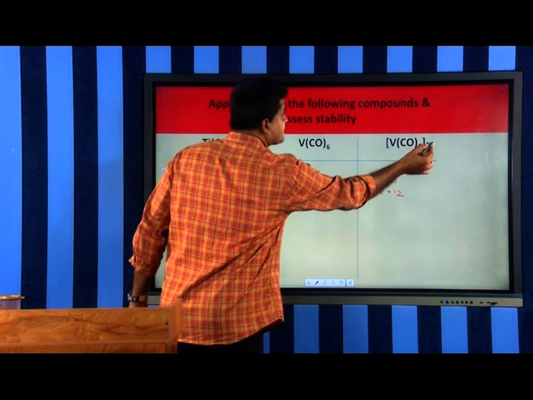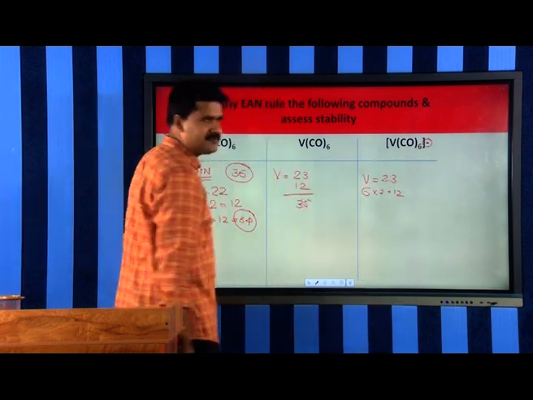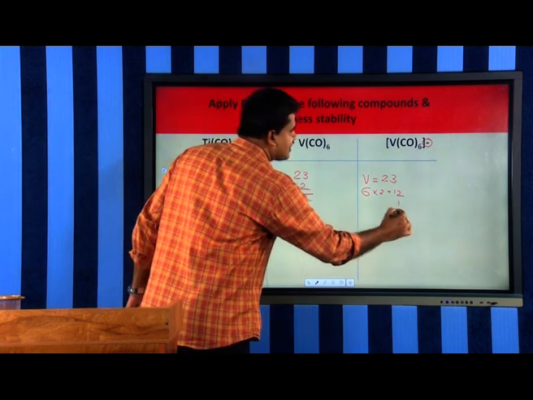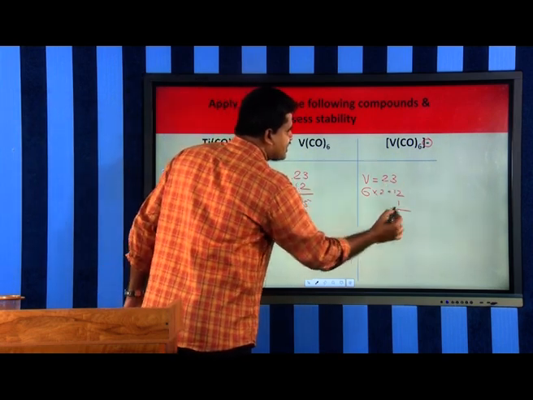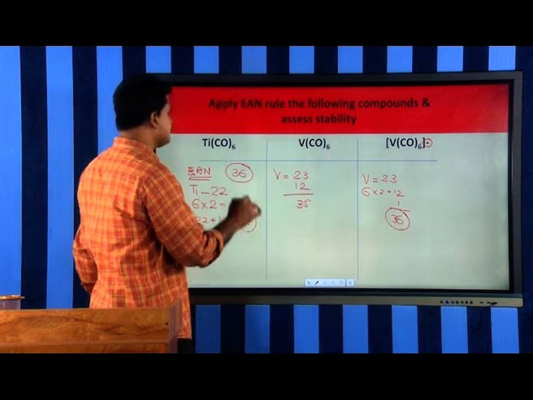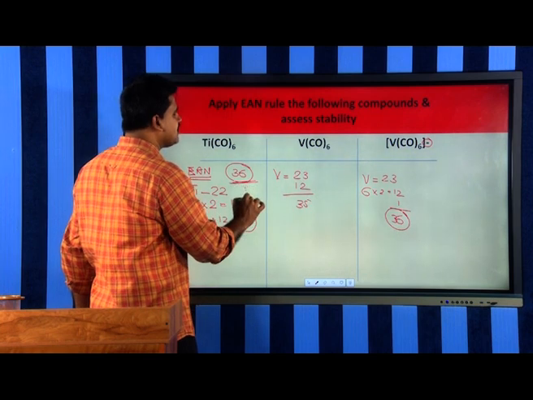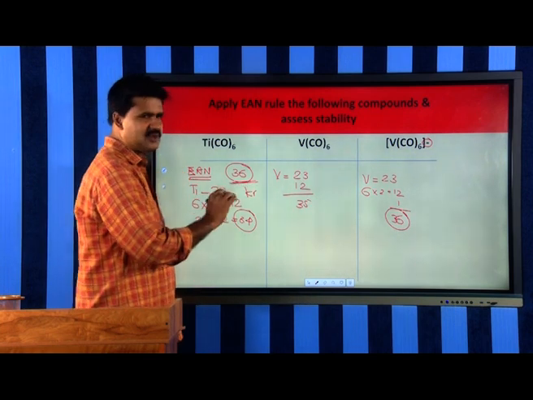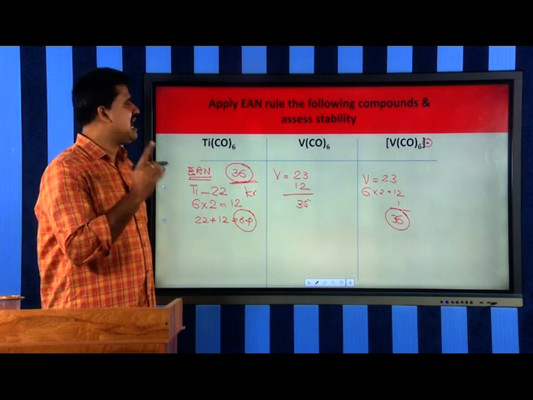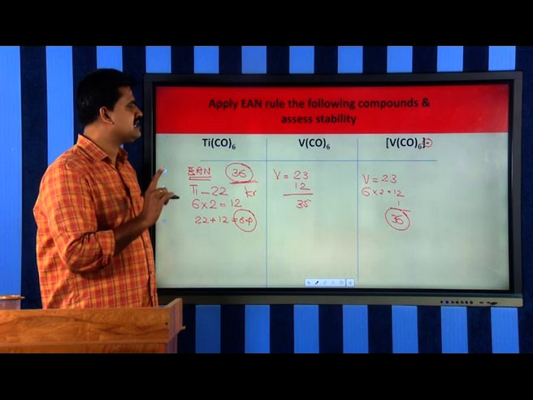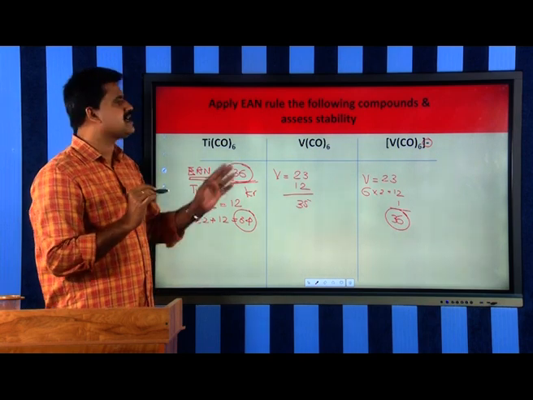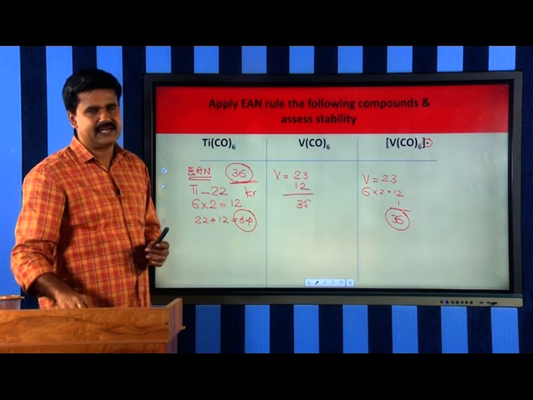And you can see the presence of a negative charge here. The negative charge will provide one extra electron, so the total number of electrons, the EAN, is equal to 36, which exactly matches the atomic number of the nearest noble gas, krypton. So among these three moieties, the most stable one as per the EAN rule is vanadium hexacarbonyl minus, that is a carbonylate anion of vanadium.